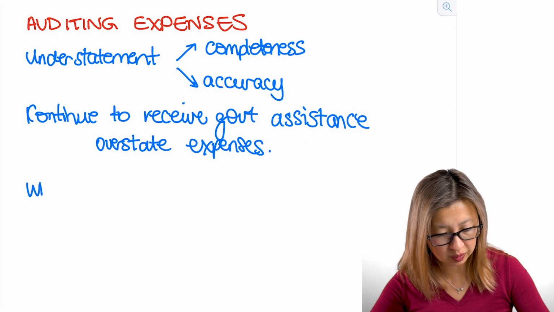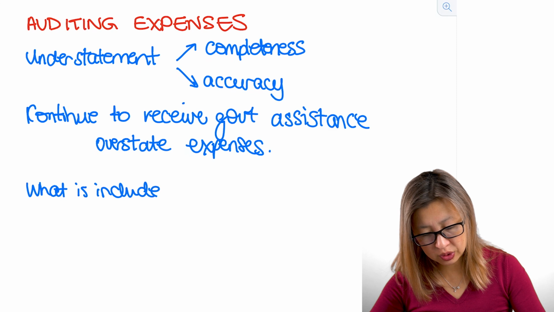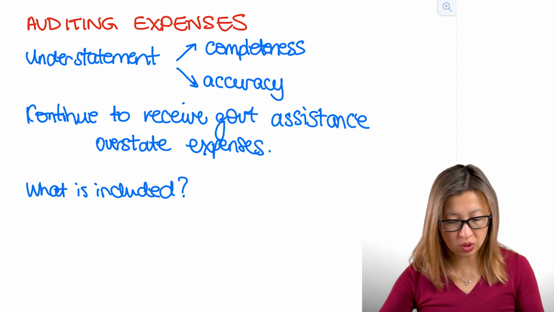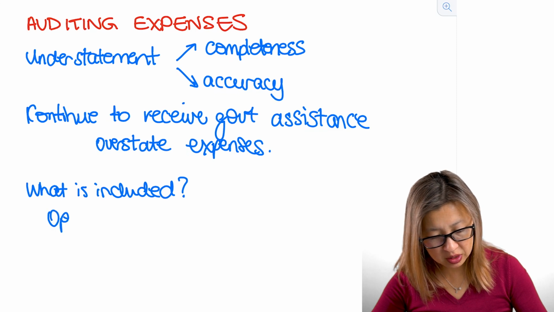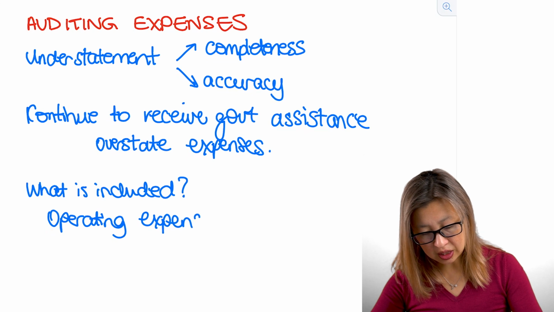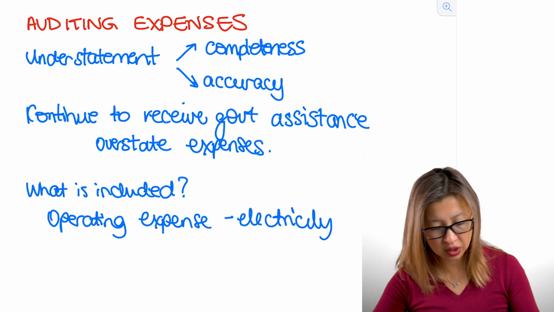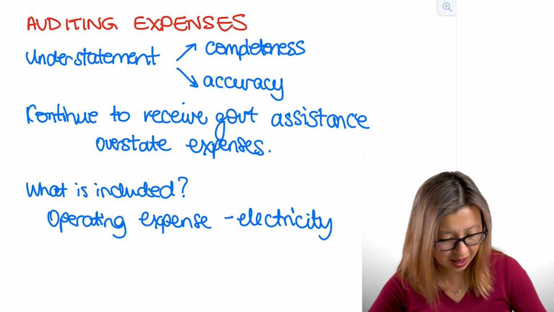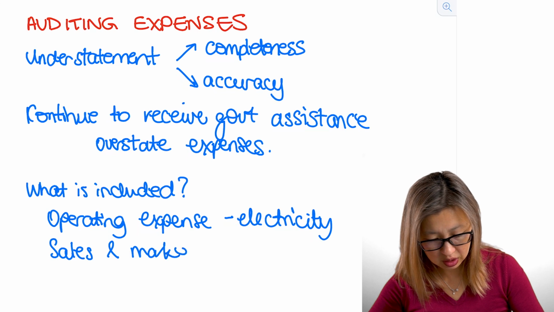Now, in terms of expenses, there are lots of things that come under expenses. So what is included? I'm not going to include your inventory cost of goods sold type expenses here, but remember we've got operating expenses. So that could be things like electricity for the factory, etc. You're going to have sales and marketing expenses.